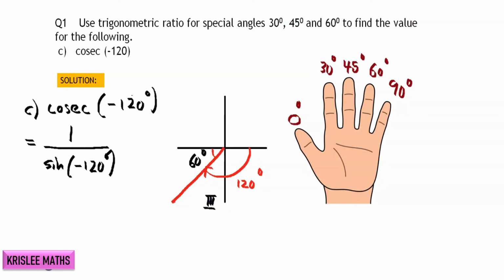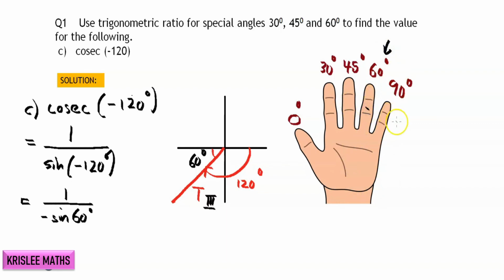Remember, in the third quadrant only tangent is positive. Therefore, now let's continue. So 1 over, sine in the third quadrant will be negative. So negative sine, acute angle here is 60 degrees. Now using the palm you can find the value.